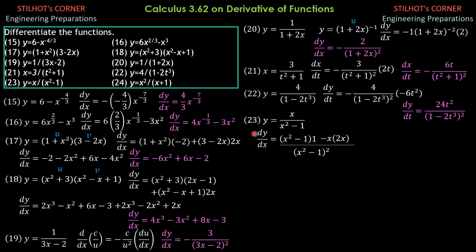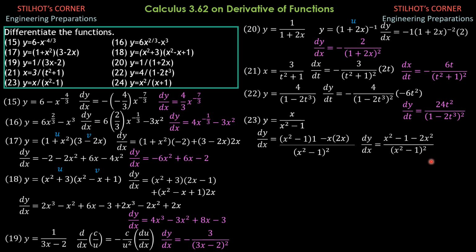Remember that that's the guide formula derived in the earlier videos for the theory and techniques. So dy/dx is x squared minus 1 minus 2x squared all over quantity x squared minus 1 squared.